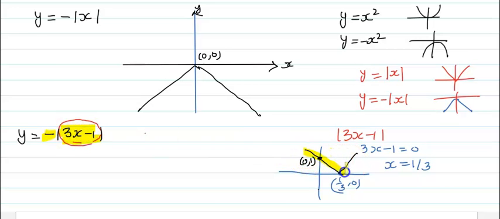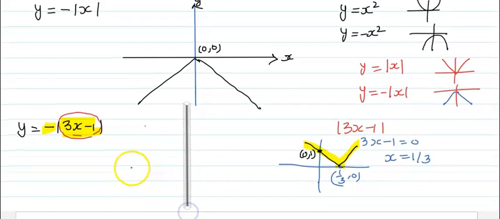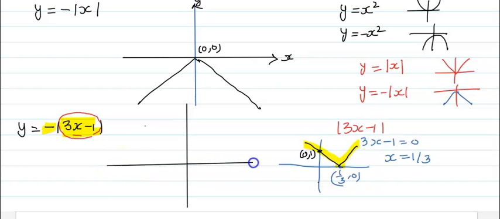This yellow graph is showing modulus 3x minus 1. So you just reverse it, upside down. So let's do it here: x-axis, y-axis. Now we are going to reverse it. So this is our graph. This is the point 1 over 3 and 0.